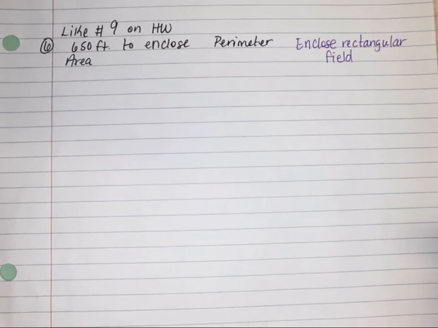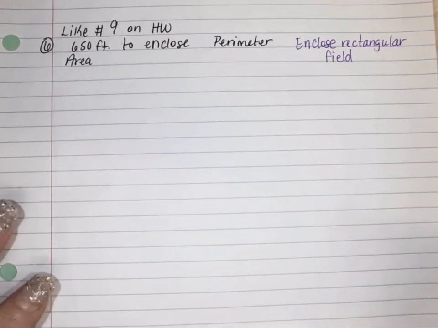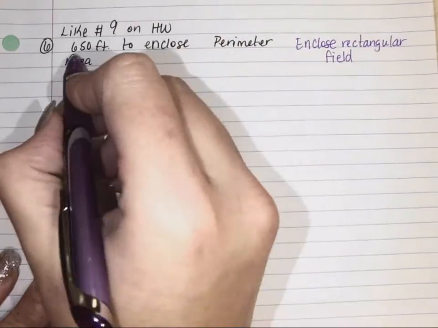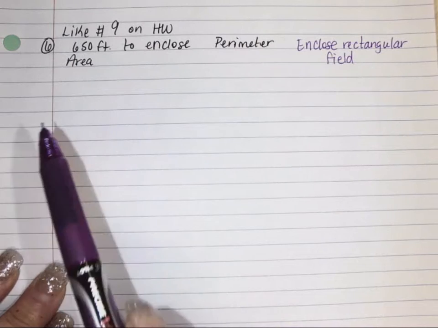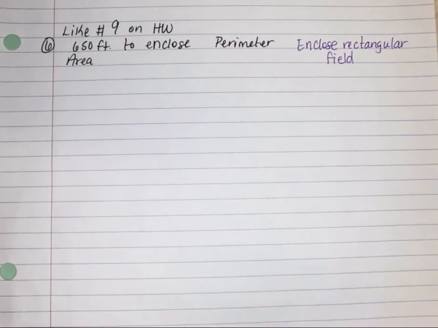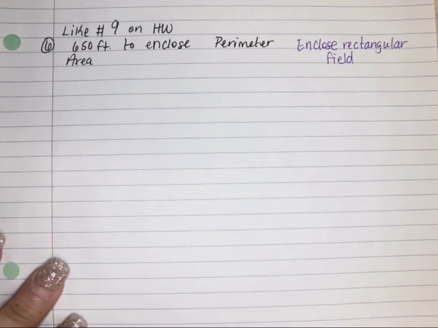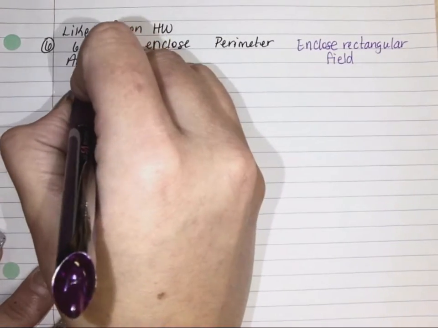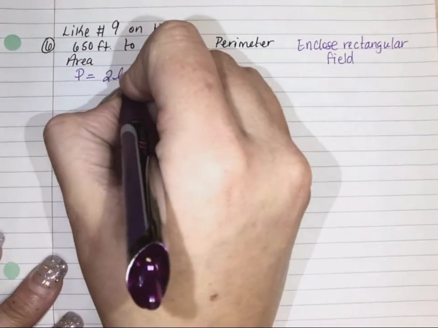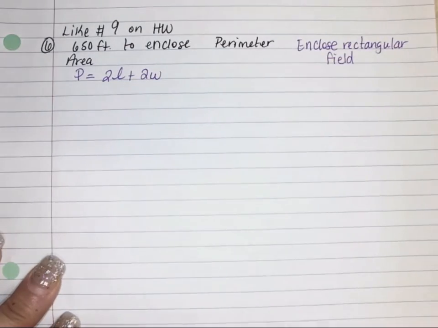Express the area of the field, however, as a function of one of its dimensions, X. So we're wanting to take what we know about perimeter, but then we're wanting to express the area in terms of that as a variable X. So the first thing you have to do is recall what you know about perimeter, and then, of course, see what you're given.